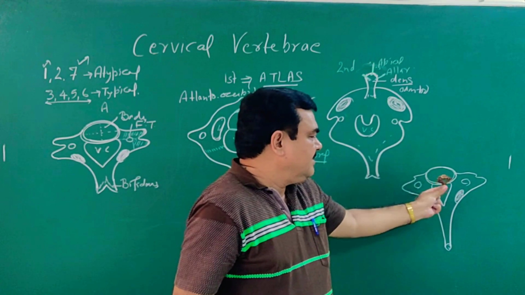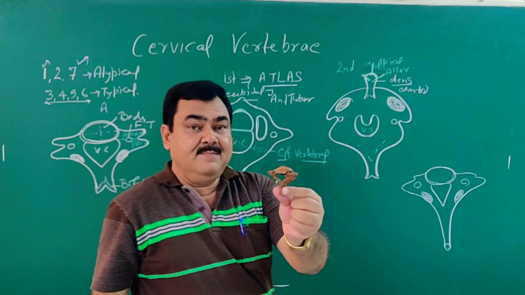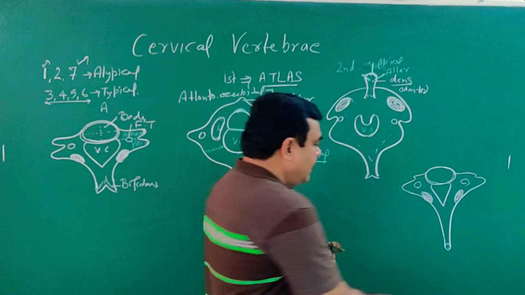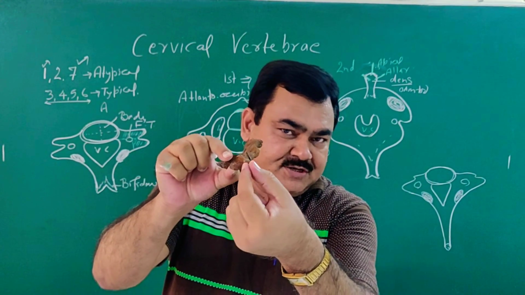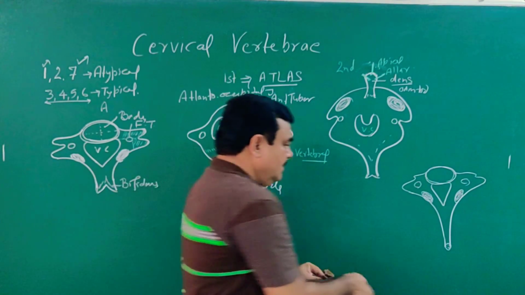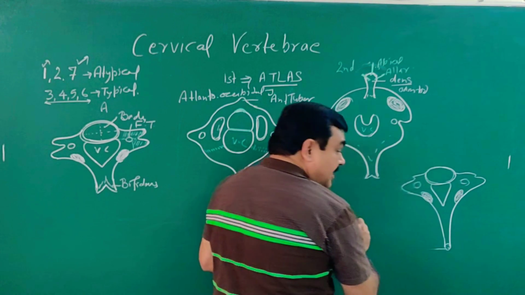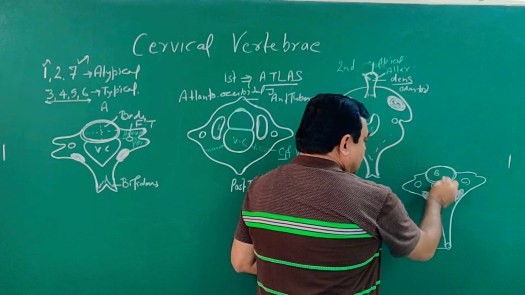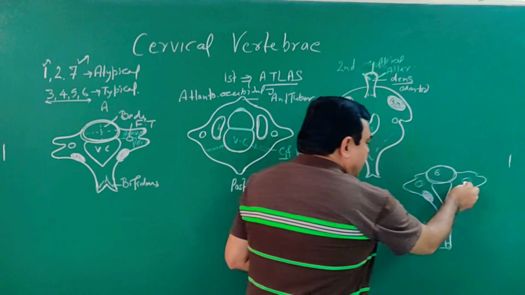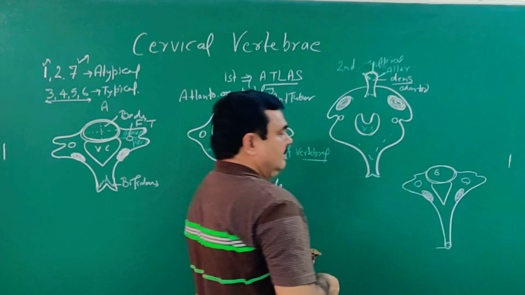So you can see this is the vertebra prominens. In this vertebra, this spinous process is prominent, that's why it is known as vertebra prominens. This is the body, this is the vertebral canal, and this is the foramen transversarium.